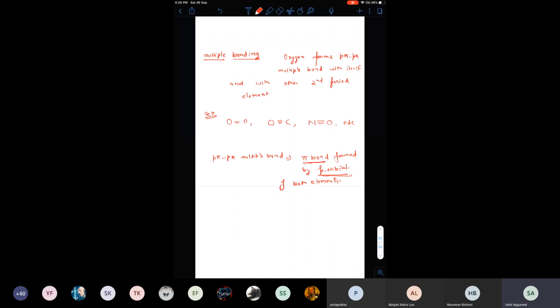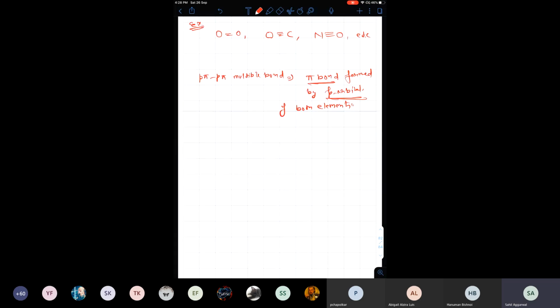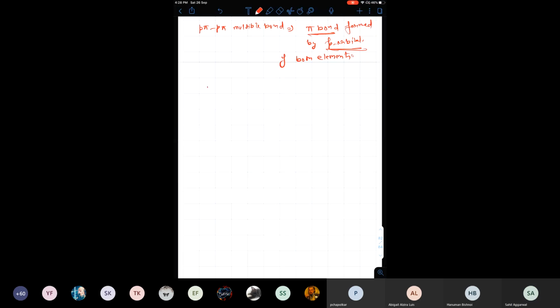I'll give you an example. It is a very important thing. For example, O2. We know the structure is like this. We know the second bond between the same atoms is always a pi bond. After the first bond, whatever bond you form within the same atoms will be a pi bond. This is the sigma bond, this is the pi bond.